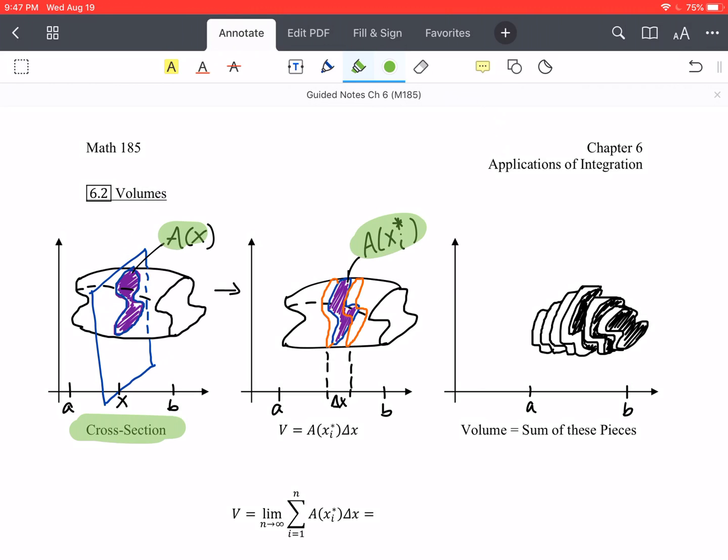And then we create a width around it. So you can see that's our delta x, so we have a certain width around it, and what that gives us is a new solid around that cross section, and that gives us a volume.